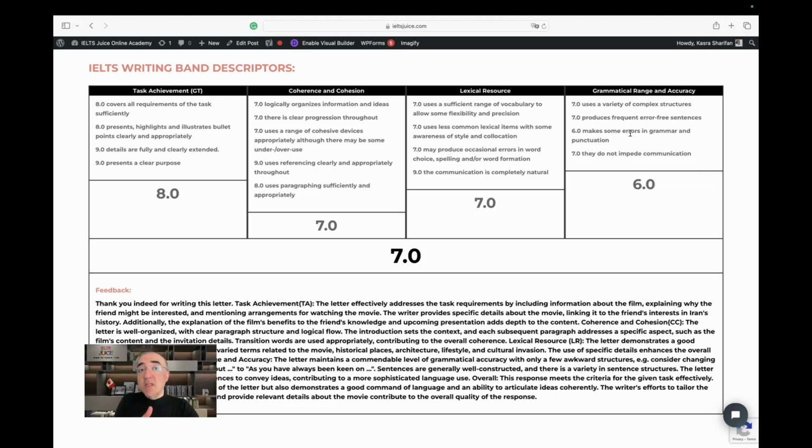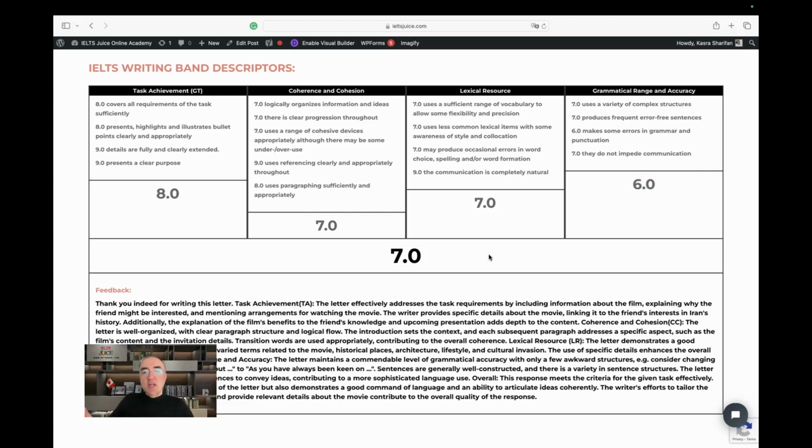The grammar mistakes were actually, the numbers were more than I expected for this task. So it's just the sheer quantity of the number of errors that I saw in this task that made this score for grammatical range and accuracy.